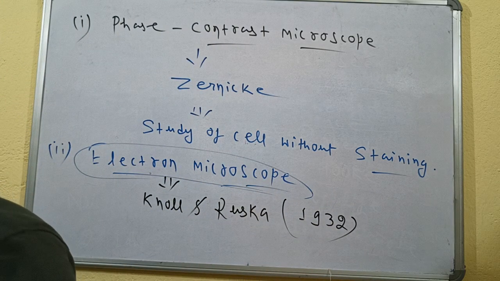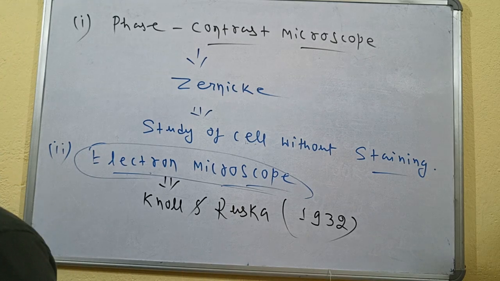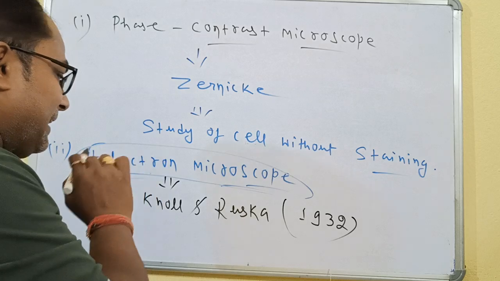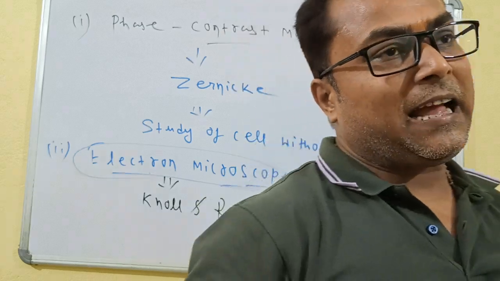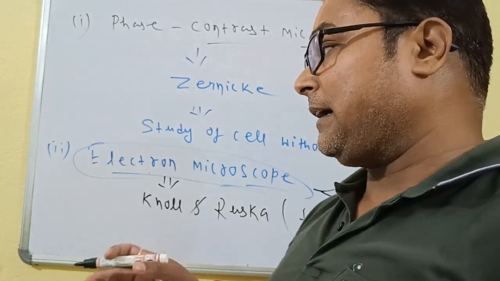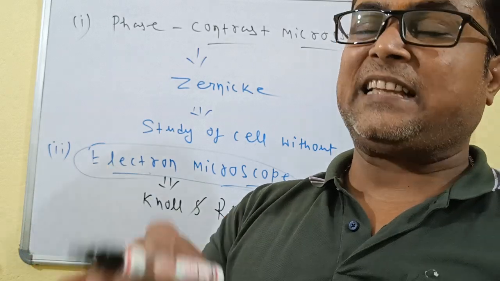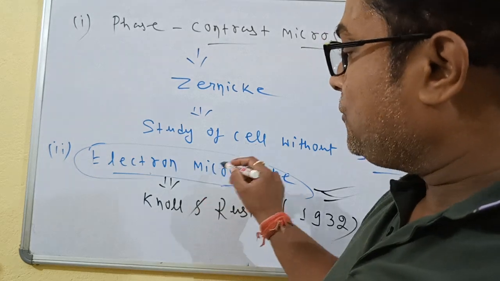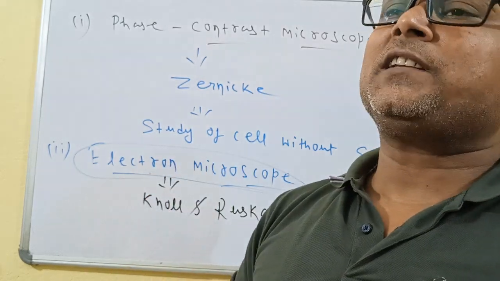This electron microscope is also known as a staining microscope. In biology, the electron microscope is most important, because when we have to study the anatomy of organs, or observe the detailed structure of cell, tissue, histopathology, we use the electron microscope. So in biology, the electron microscope is most important.